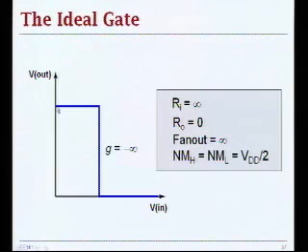So an ideal gate would have infinite output fan out. It will have infinite input impedance because it doesn't provide any loading to the previous stages, and it will have maximum drive capability, which means output impedance will be 0. And it will have noise margins of VDD over 2 because the voltage levels will be at 0 and VDD, and the transition region will happen at exactly VDD over 2 with infinite gain.